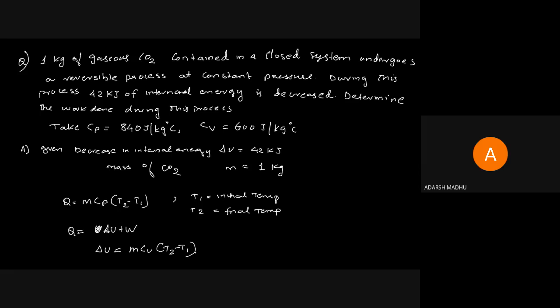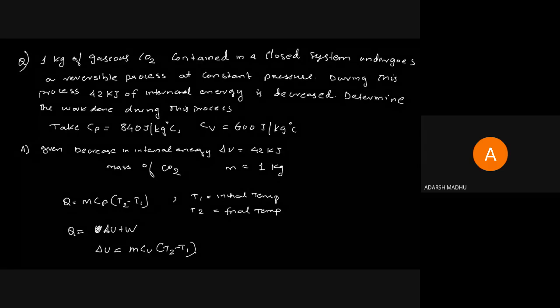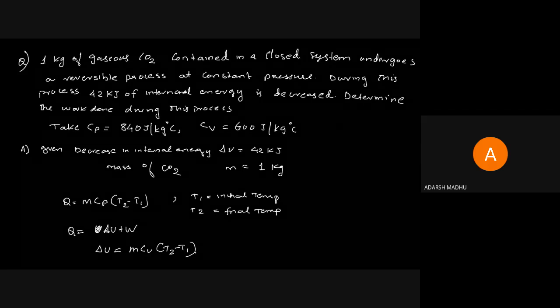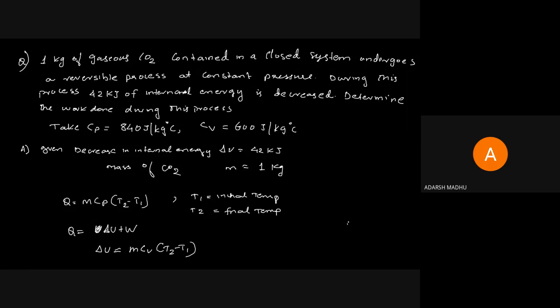Remember, that was the equation for delta U. If the mass equals 1, the equation becomes delta small u equals Cv into (T2 minus T1). Cv T2 is u2 and Cv T1 is u1. So delta u equals u2 minus u1.